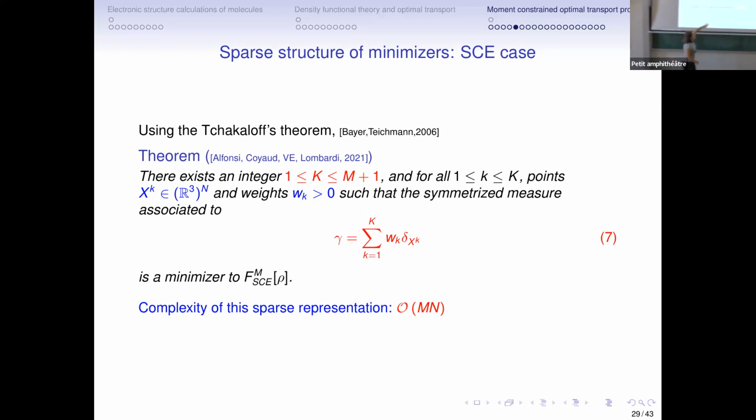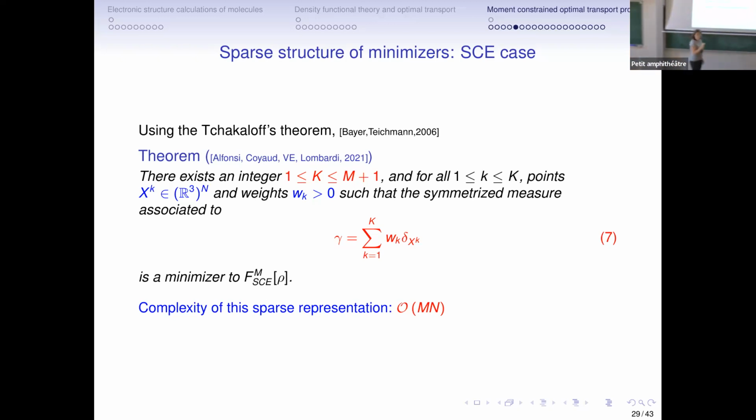Okay. And so for the moment constrained optimal transport problem, you can prove that one minimizer of this approximate problem is a discrete measure, which charges a number of points which scales at most as the number of moment constraints that you impose plus one.